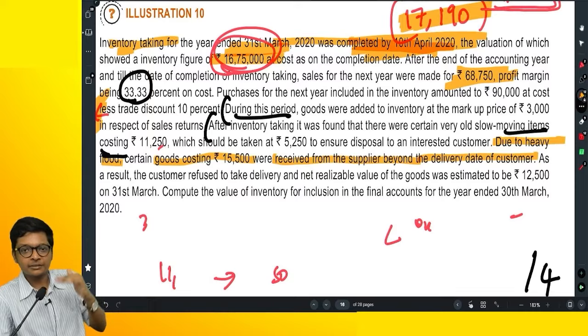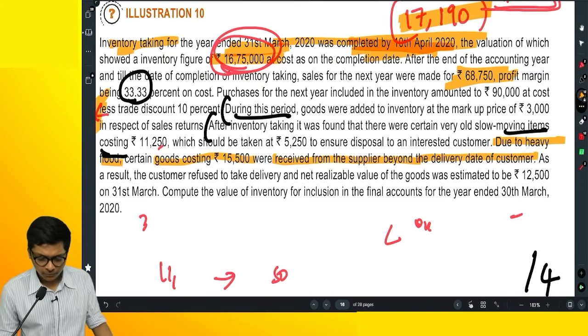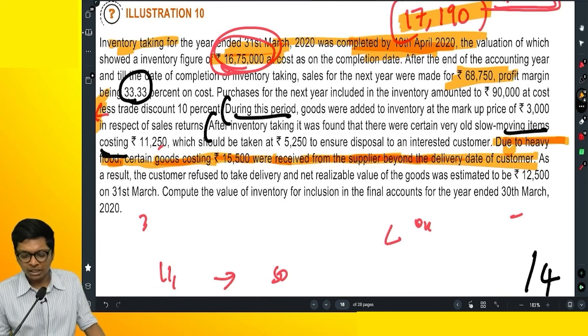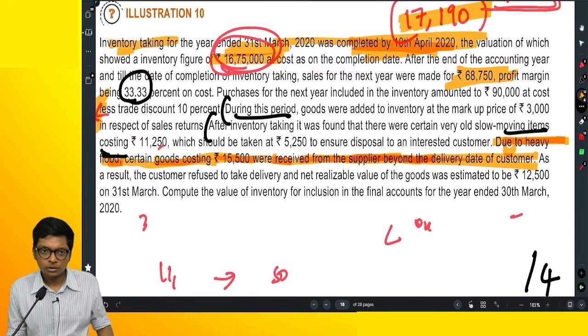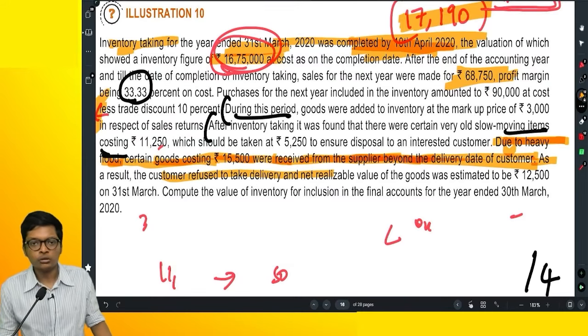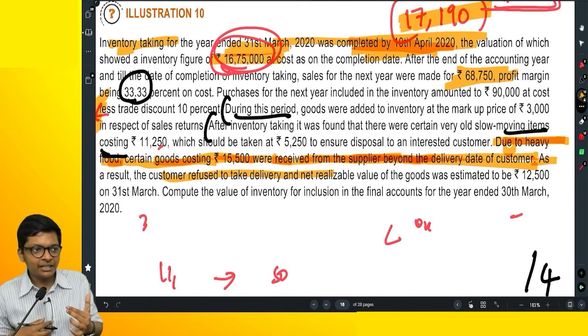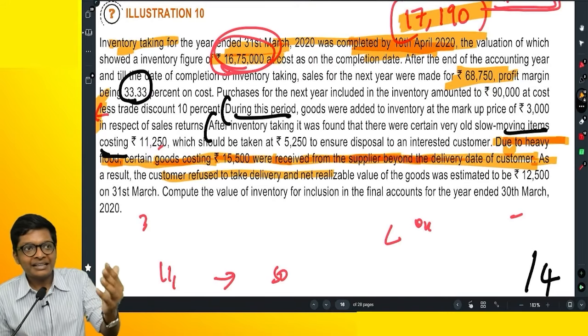My purchase. Purchase came due to heavy flood. Customer tandi I got. As a result, the customer refused to. He told, hey, you are giving it to me late. I itself received late. I am also giving to customer late.